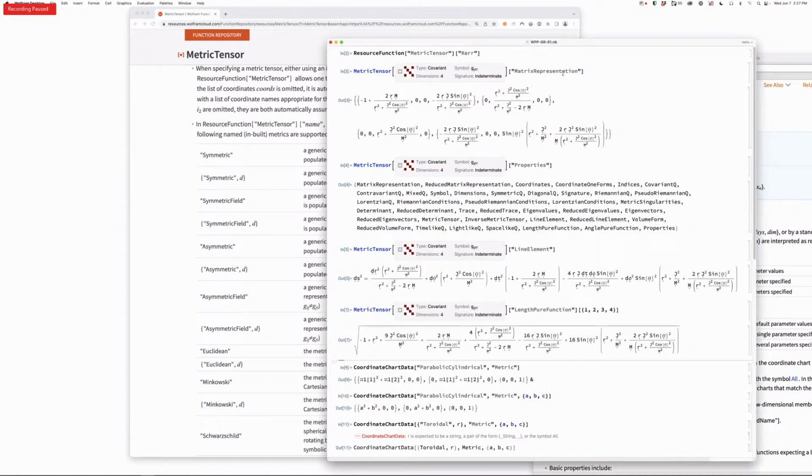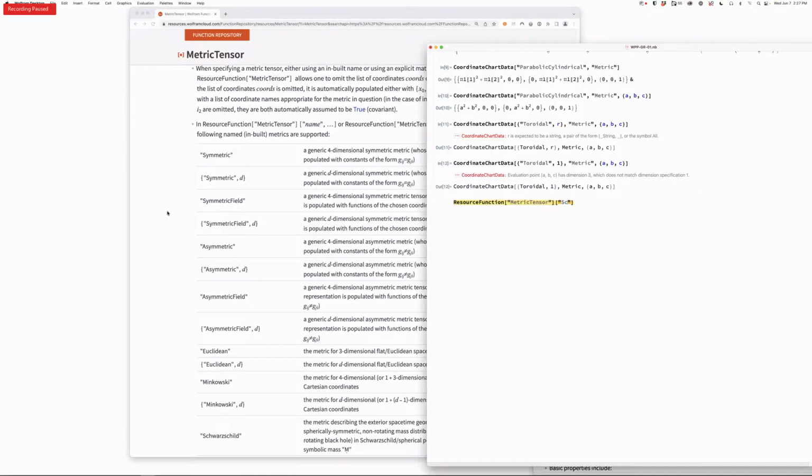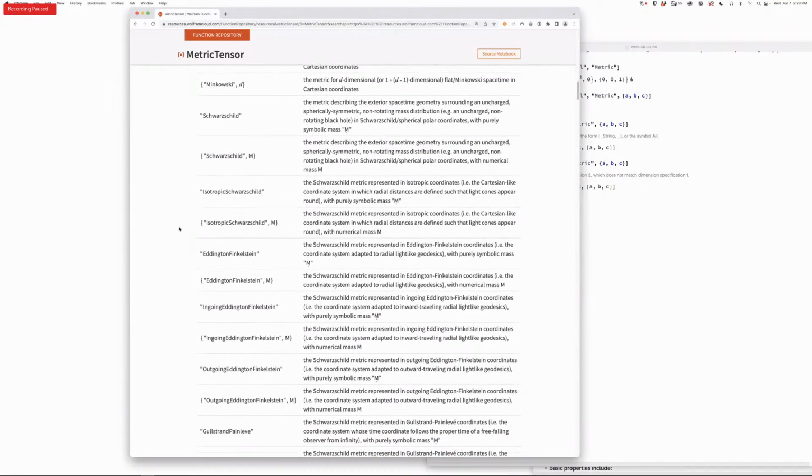But you can also say something like metric tensor isotropic Schwarzschild, and it will give you the Schwarzschild metric in isotropic coordinates. Or Eddington-Finkelstein, which is not just a metric, but also a coordinate system for the metric.